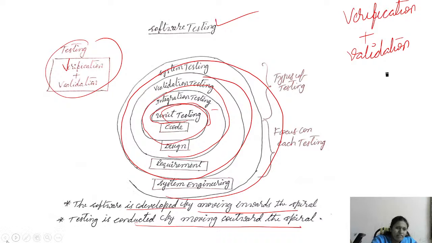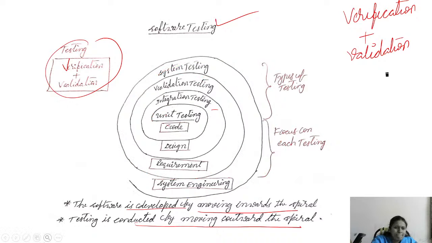Now I will explain. First, development: we do system engineering, right? Next is requirements, what requirements we will gather. Next we will do designing and coding.